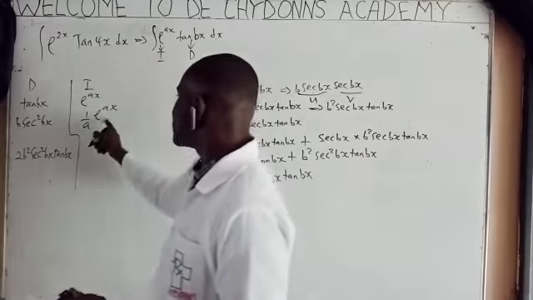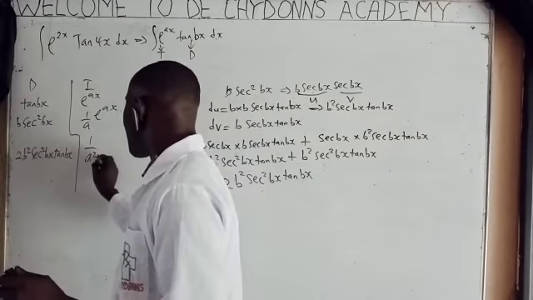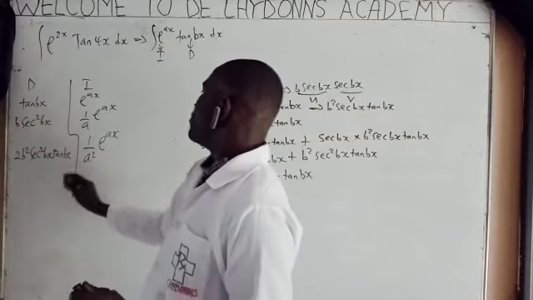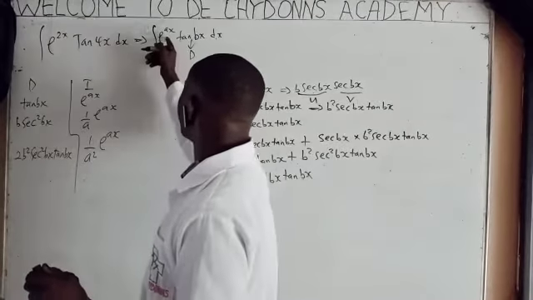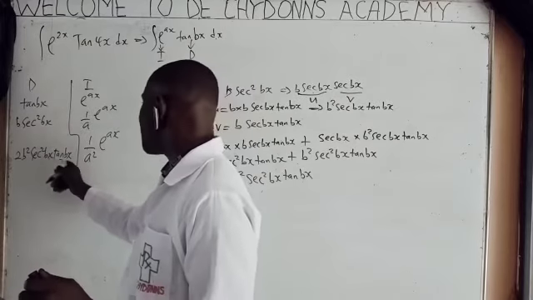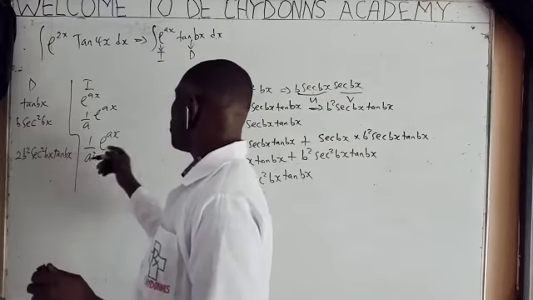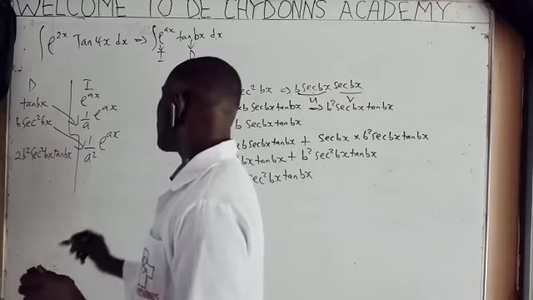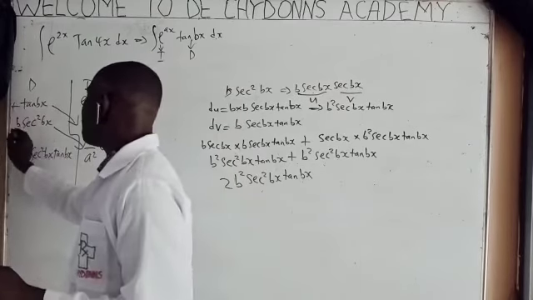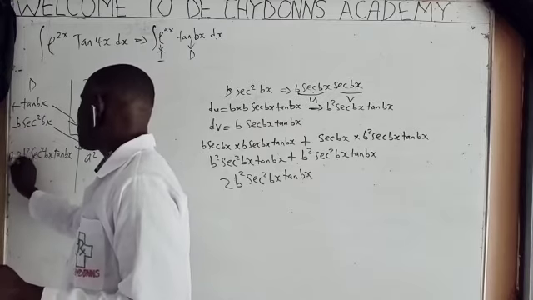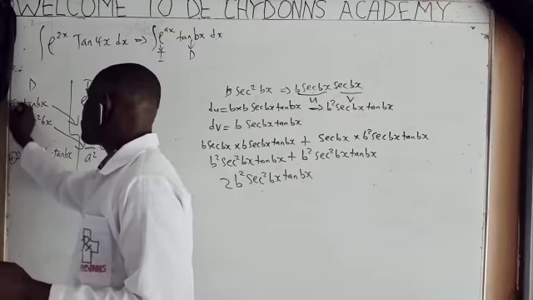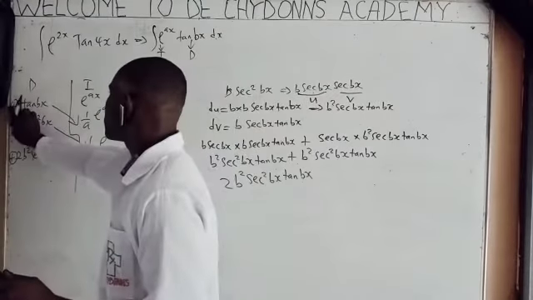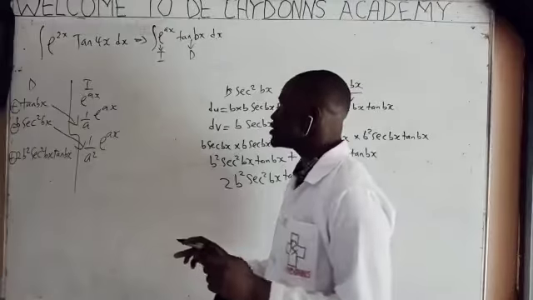Then integrate this: 1 over a square exponential ax. Now, because what we have is exponential and tan bx, we have tan bx and exponential in this line. What you do is that you put an arrow this way and put plus, minus, plus. This plus, minus, plus, they are constants.